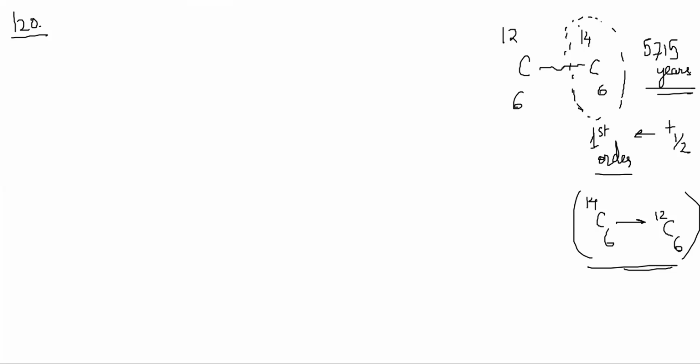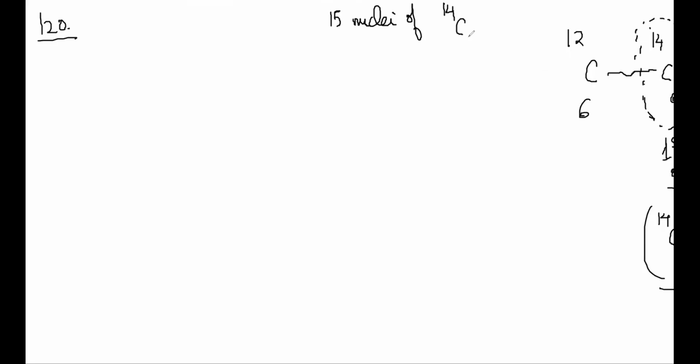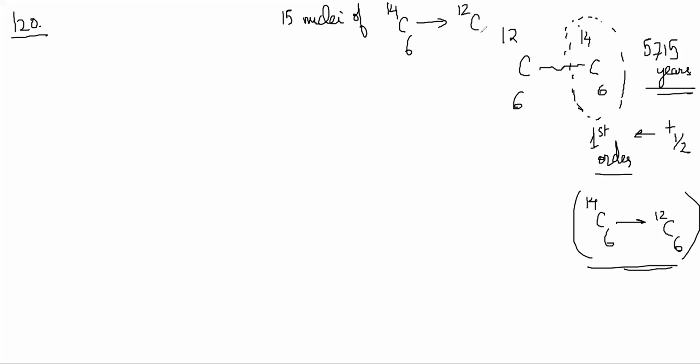So what that means is, on an average, 15 nuclei of 14C6 will be decaying into 12C6 nuclei per minute per gram of carbon that you have, right? So this is in a living being. This is the equilibrium rate at which this is happening in living things, right?